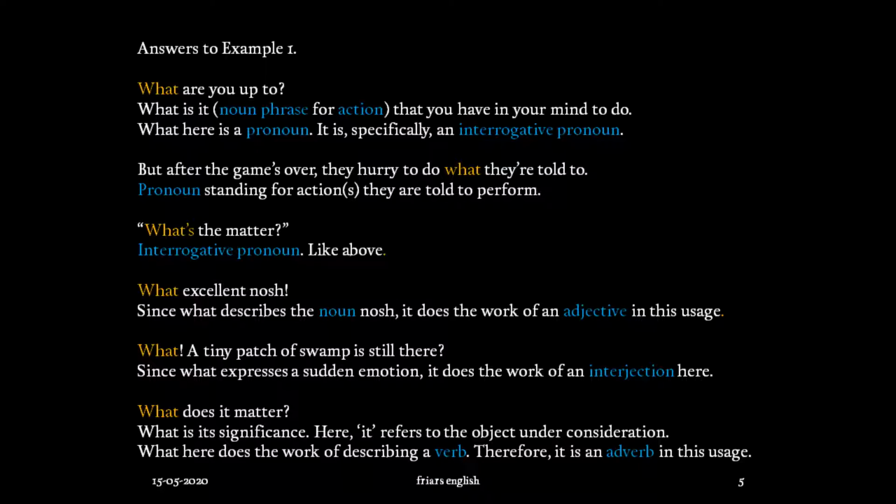But for now, what is it stands for an action. So the speaker is asking, what action are you going to perform? That is how you would describe it grammatically. What here is a pronoun. It is specifically an interrogative pronoun. We'll go into that when we look at pronouns in detail.